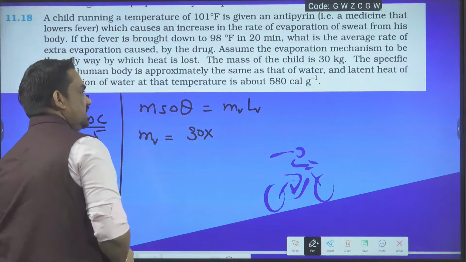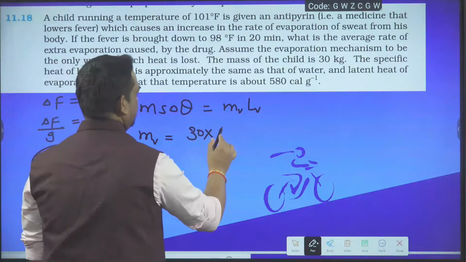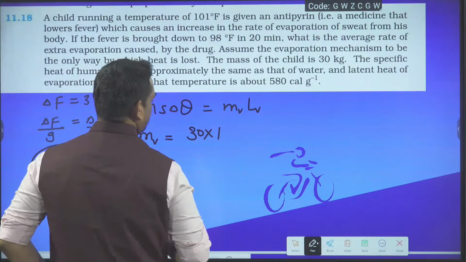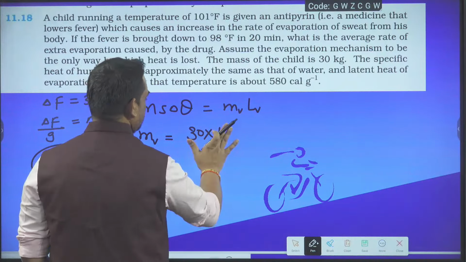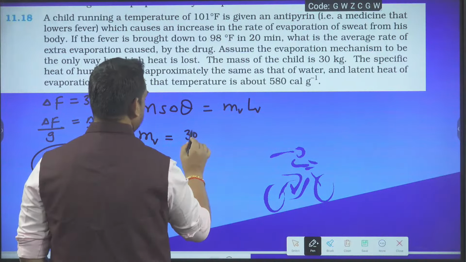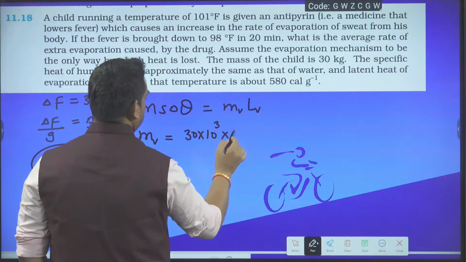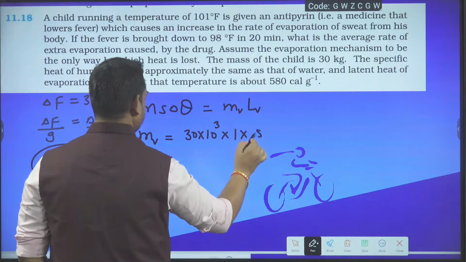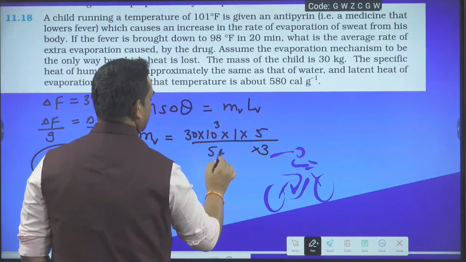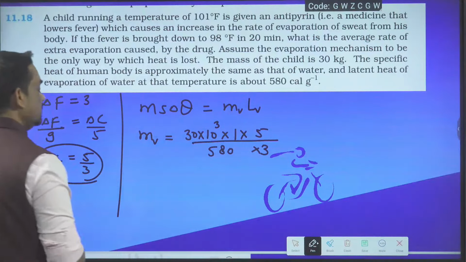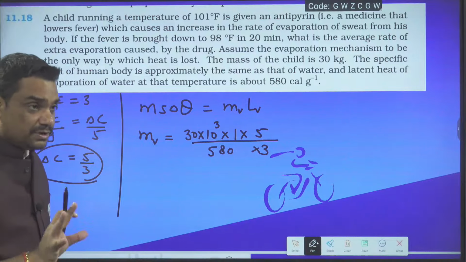Specific heat they are saying take as water, so we can say this is 1 calorie, so I can say this mass I can take in kg, so 30 into 10 power 3, I have taken in gram. This is 1, delta theta becomes here 5 by 3, and Lv becomes 580, I can say. This is the total mass of the vapor.